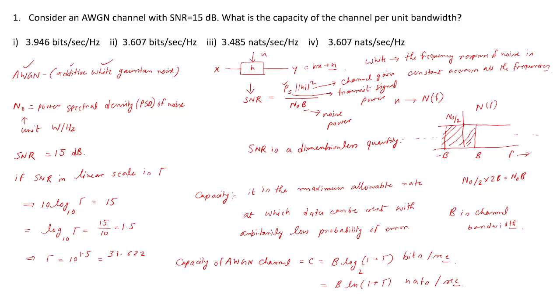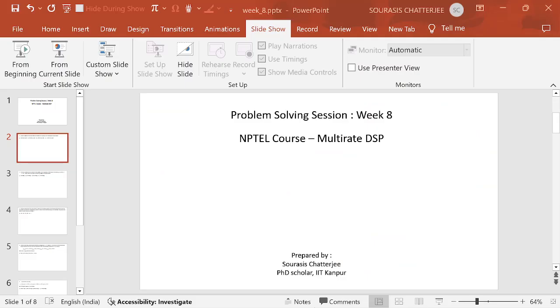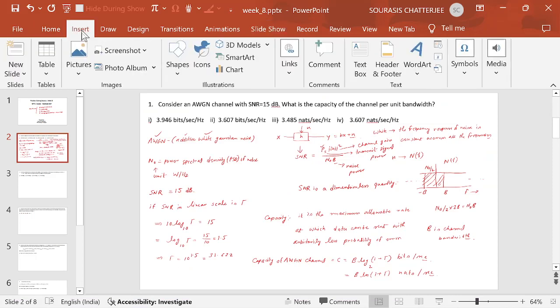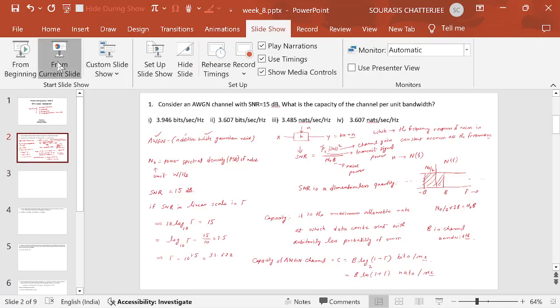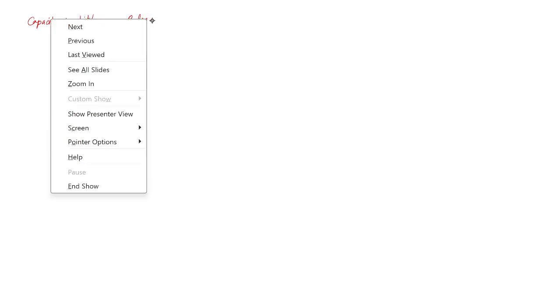Let me add a slide here. So we have seen that capacity in bits per second is given by B times log base 2 of 1 plus capital gamma.